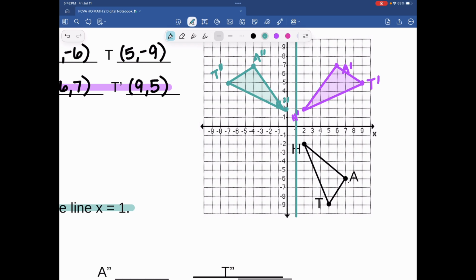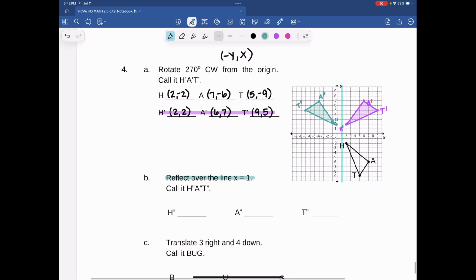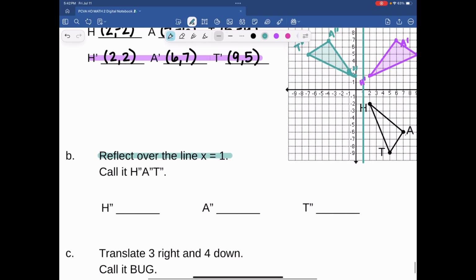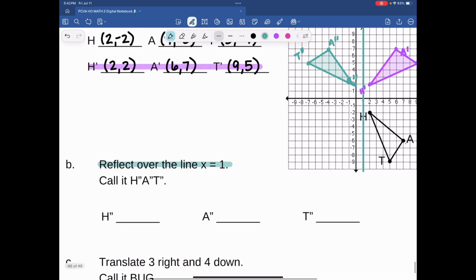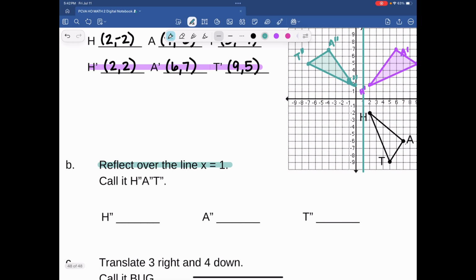So we've done a rotation. Now we've done a reflection over the line x equals 1. Okay, and the points that we get for that: for the H, we got (0, 2).